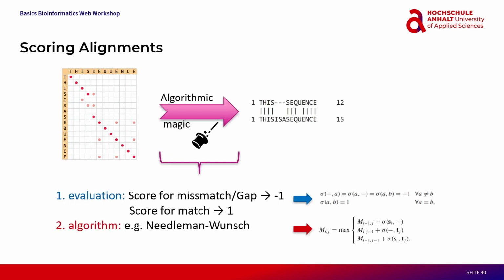When we were discussing how to score an alignment, I proposed the idea that we need two things. First being the evaluation and second being the algorithm. Now that we have talked in depth about the evaluation, let us now focus on the algorithm.